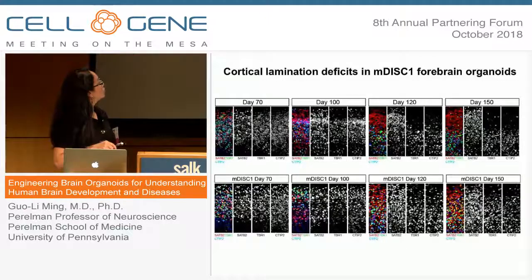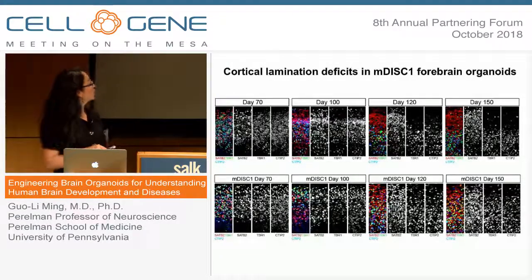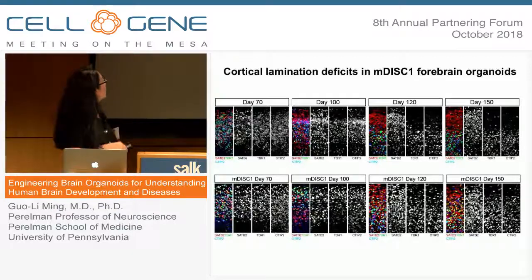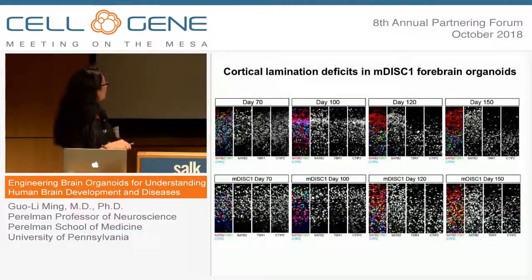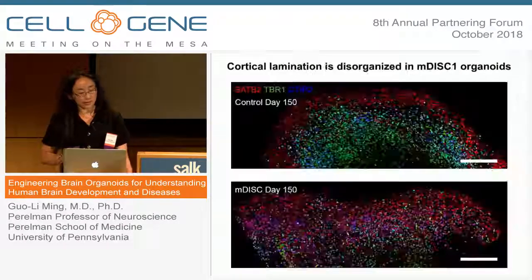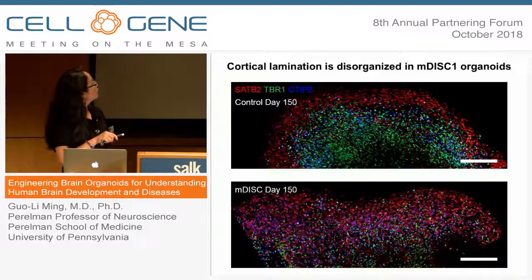However, we do not see this maturation in the organoids grown with the DISC1 mutation. You can still see a large population actually expressing the mixed markers for superficial layers and deep layers, SATB2, TBR1, and CTIP2. And again, this is a global view of organoids grown from a control line and from the line with a DISC1 mutation.